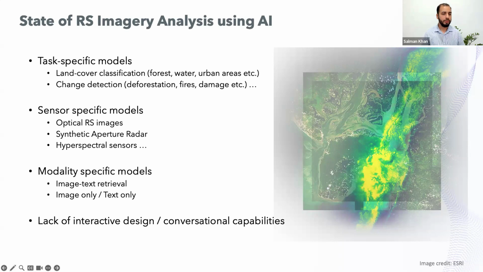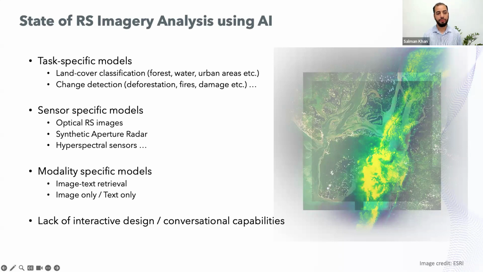Similarly, there are other specialized tasks defined in remote sensing image analysis, for example, change detection, where you can assess the deforestation effect, and understand the effects of fire and damage due to different natural and man-made events.